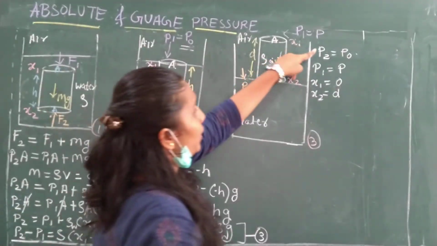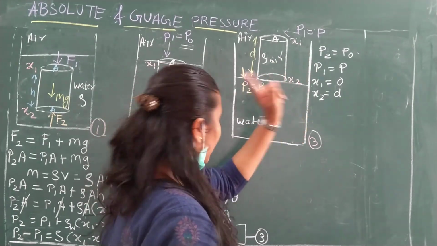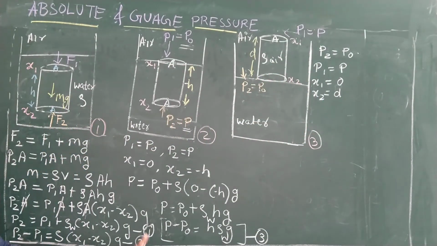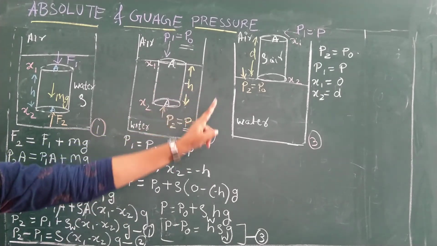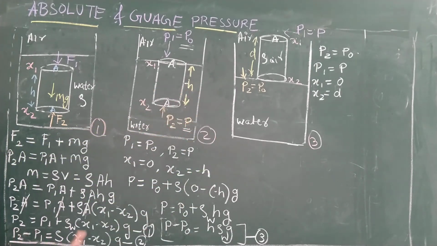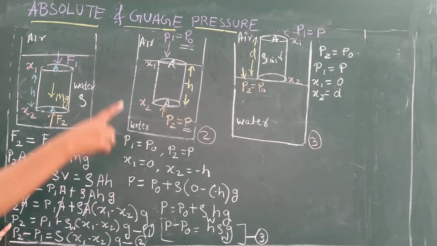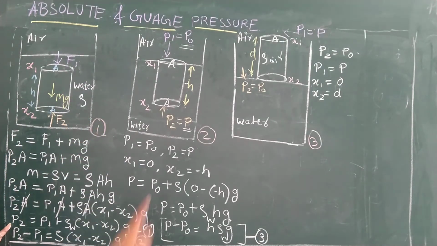Now, having P2, P1, x1, x2, again we go to equation number 1 and substitute all these values. Instead of P2, I will have P0, that is atmospheric pressure. Instead of P1, I will have P, that is the pressure due to the air column.